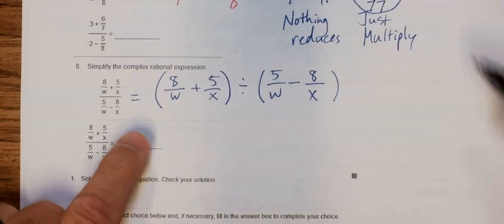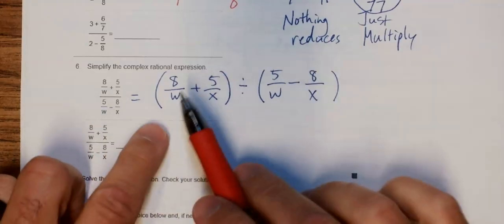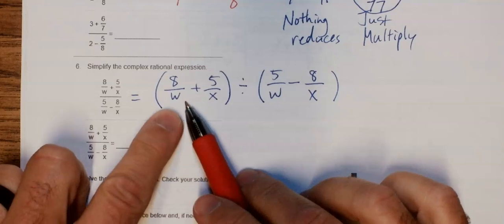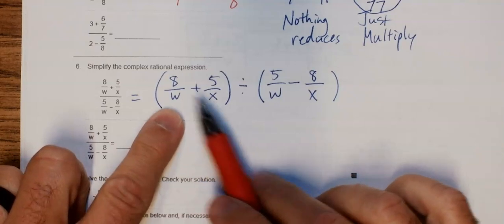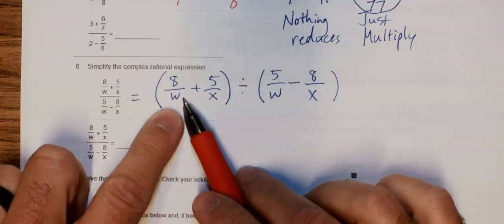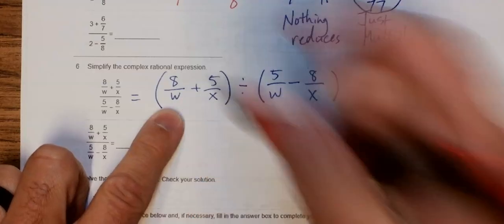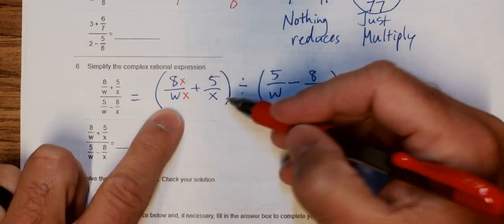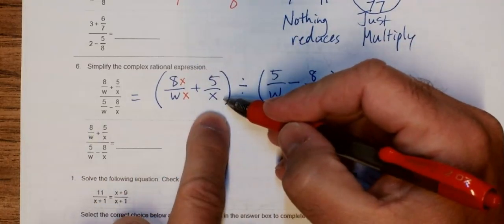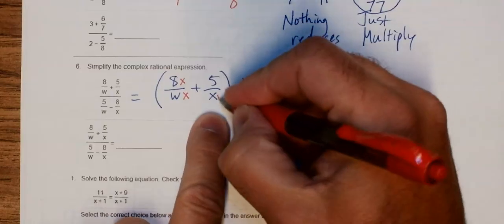So, what is this first one missing? What's it missing? An x, thank you very much. What's this one missing? A w.